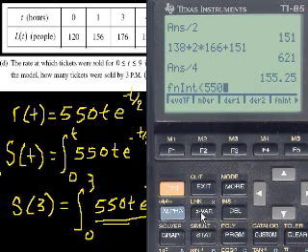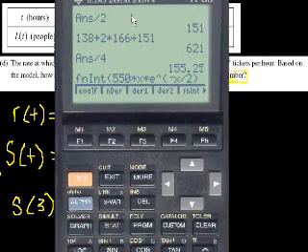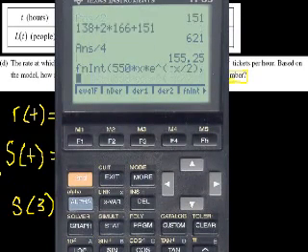Let's just use x. 550 times x times e to the minus x divided by 2. I think that's the whole function, right? That's the whole function. And my independent variable is x. I just swapped t for x there. And I'm taking the integral from 0 to 3.